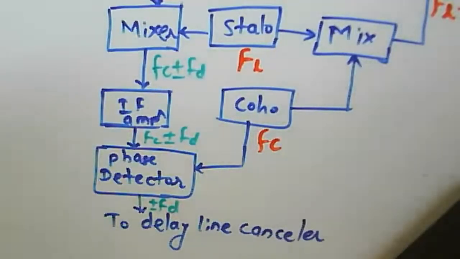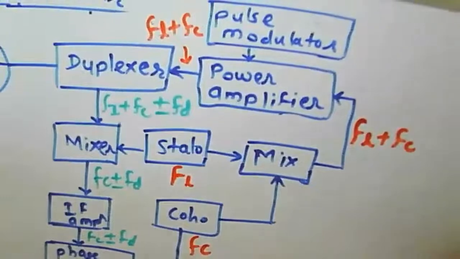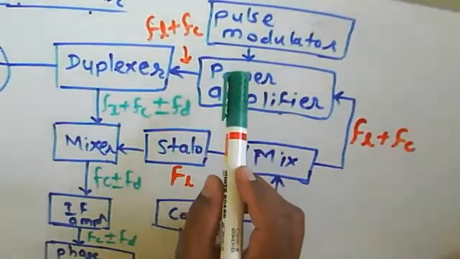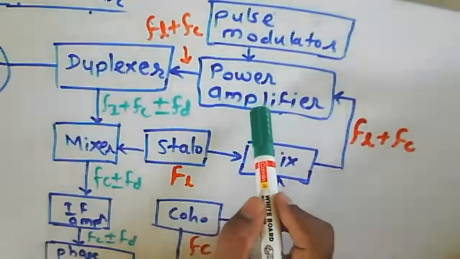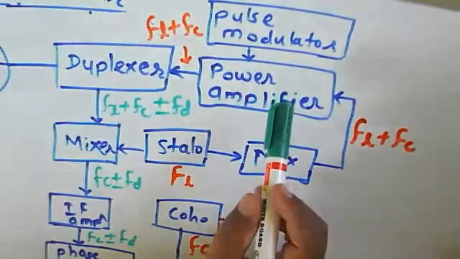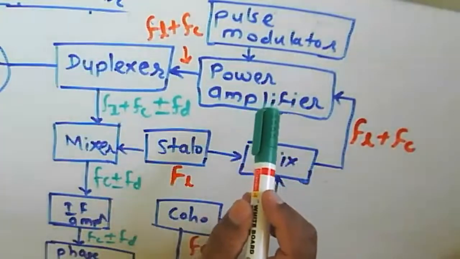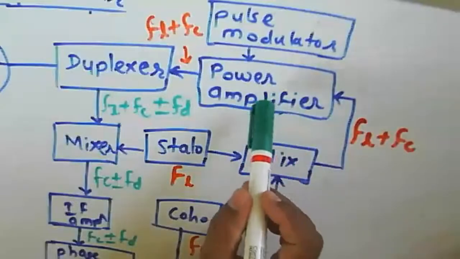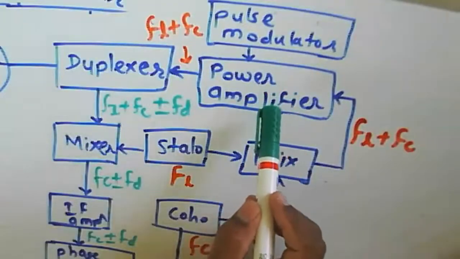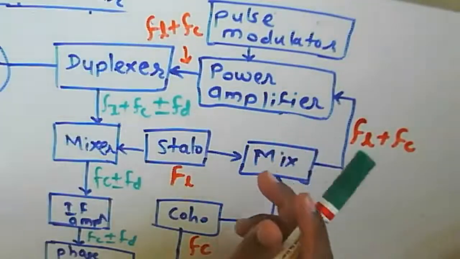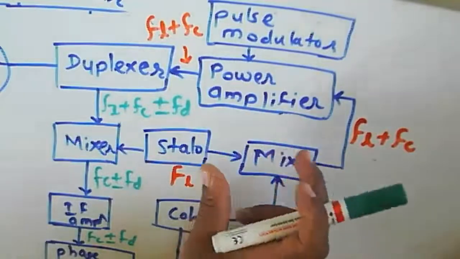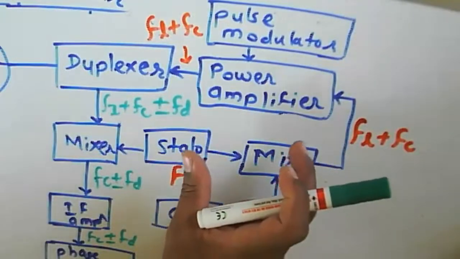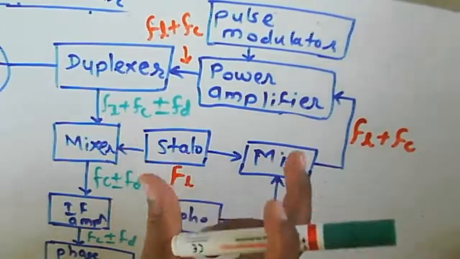Generally we are using high power amplifier devices. A power amplifier consists of a klystron, because it provides a high power signal, or we can use a traveling wave tube amplifier, which also provides a high power signal.